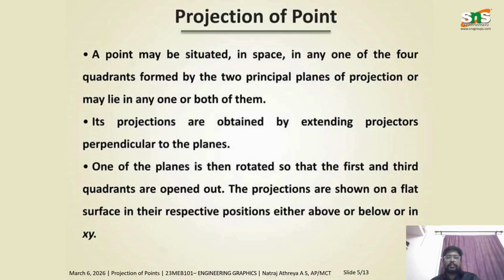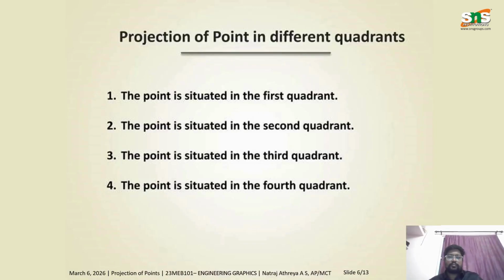One of the planes must be rotated so that first angle view or third angle view can be fit to that. So the projections are shown on a flat surface. We cannot draw or represent a 3D diagram in 2D space, right? So in order to represent it in 2D space, we flip it so that we can see all the quadrants.